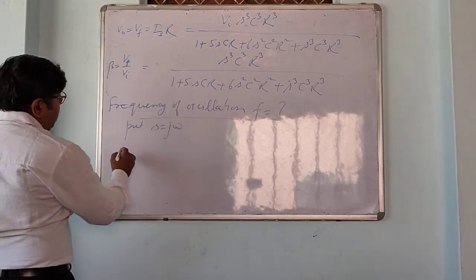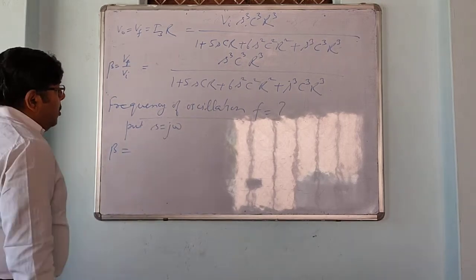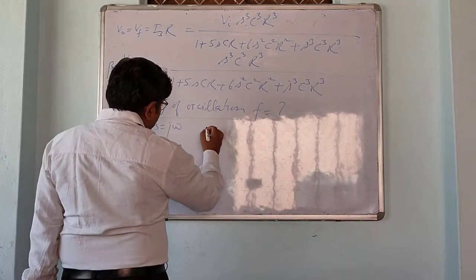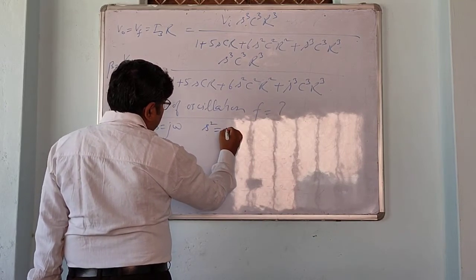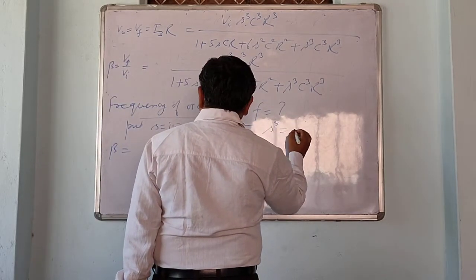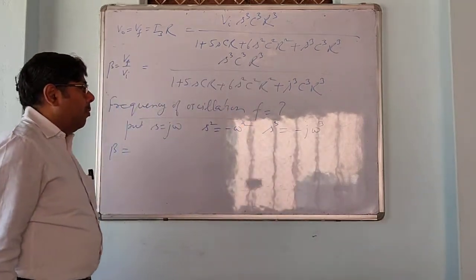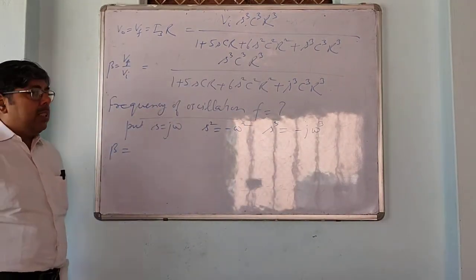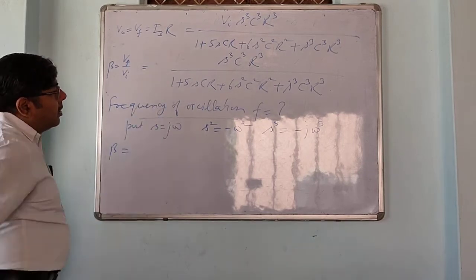You will get beta equals. So obviously when you put j omega, square terms mean j square, minus omega square, and the cube term will become minus j omega, because j square equals minus 1. You will get all these three terms. So replace these three values.